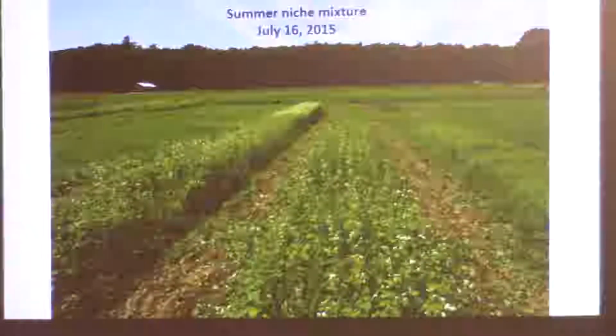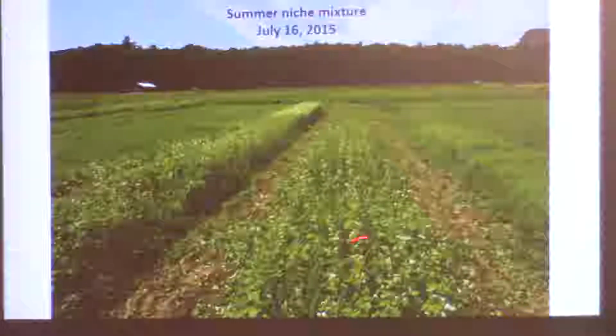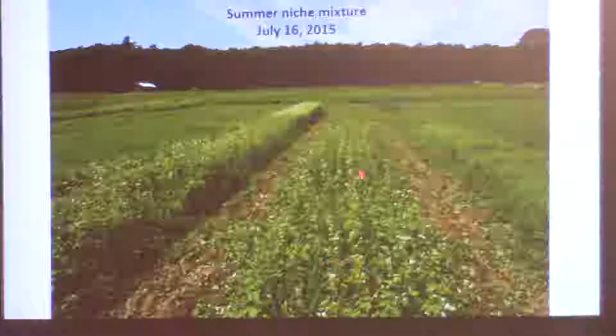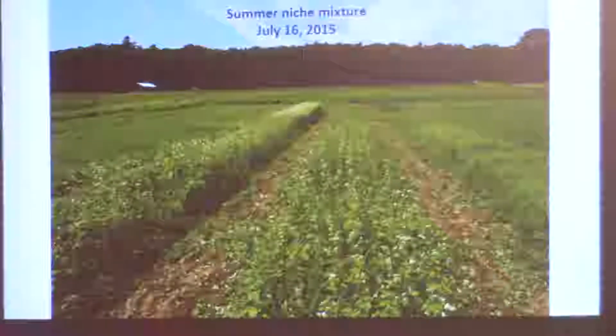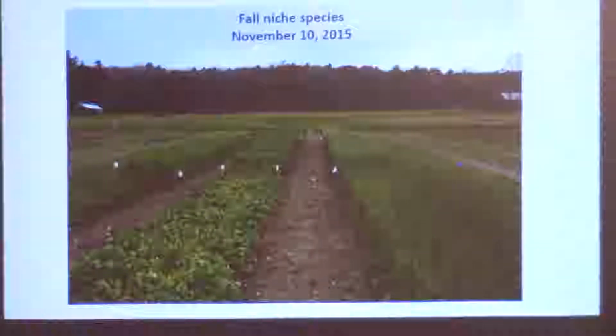Here's a picture of the summer niche mixture. You can see it's a mixture because it's got the buckwheat flowers in there, and you can see the grasses in there. So this is all 6 of those species together. And there's one of the monocultures. Here's a picture of the fall niche species taken in November 10.